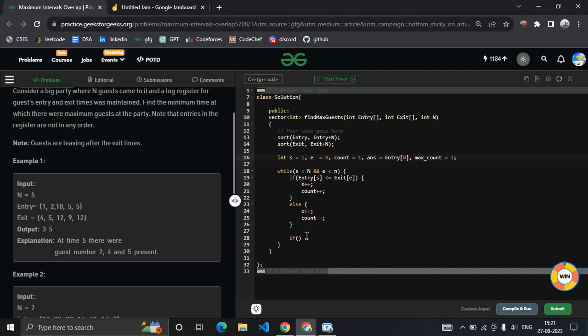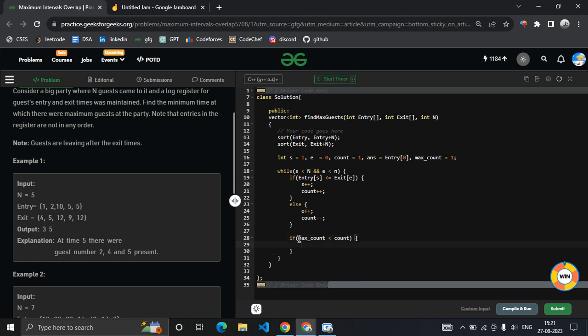Now I will check whether max count is less than count, and if so, simply assign count to max count.